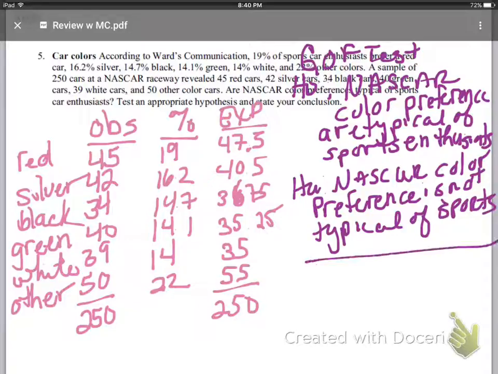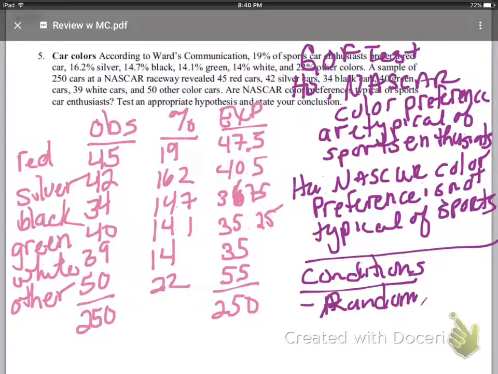Let's do conditions. And so my conditions are, was it random? We will assume the cars are random. Assume cars are random.